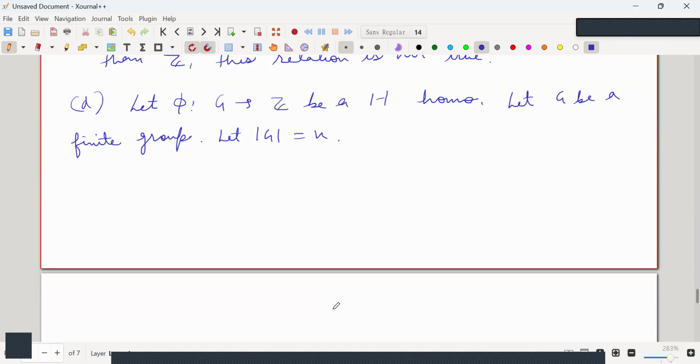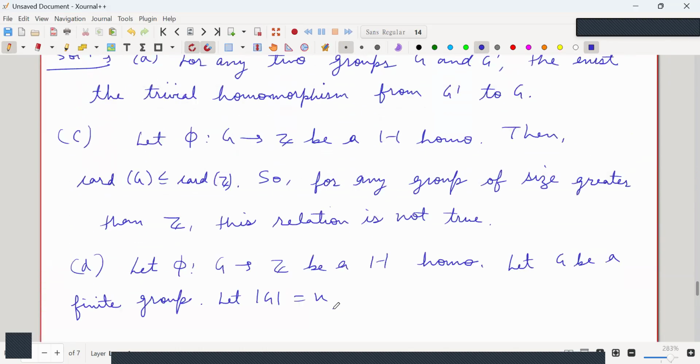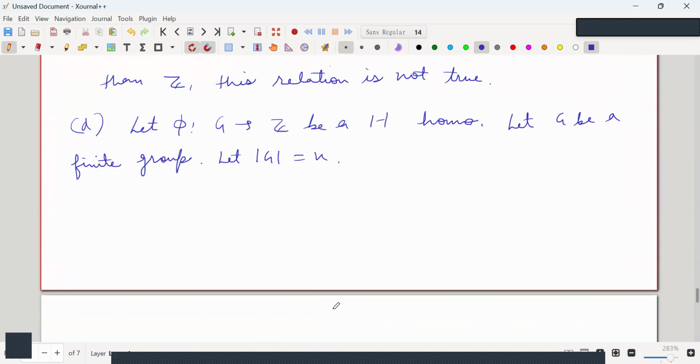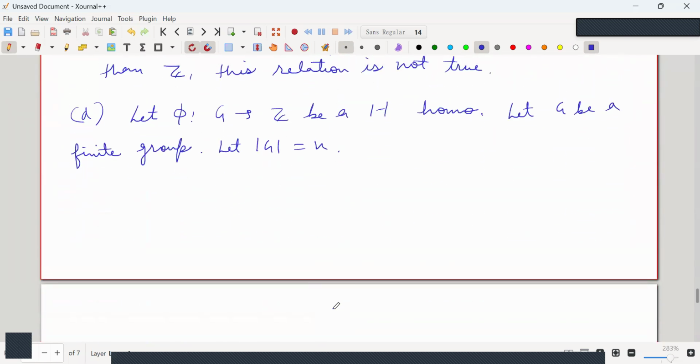Since we are considering onto homomorphisms, there will be some element g in the group G such that phi of g equals 1. Now, what is the problem if I take G to be of order 2? So the order is greater than or equal to 2.